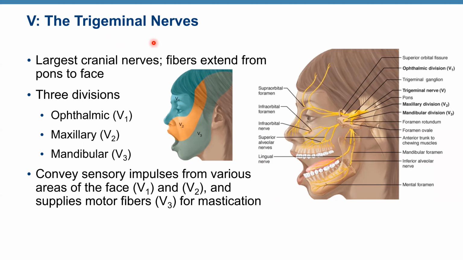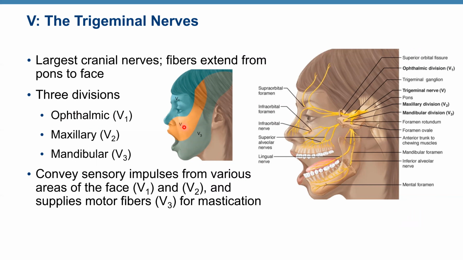The trigeminal nerve is a big one. This is number 5, and it's called trigeminal because it has 3 big branches, and we call these branches V1, V2, and V3. Ophthalmic over here, V1, maxillary, and mandibular branch. They are actually sensory branches.